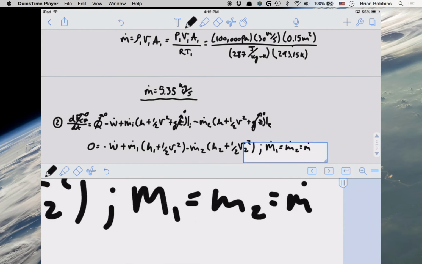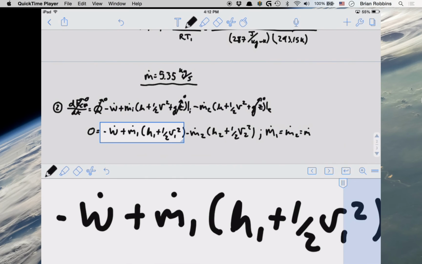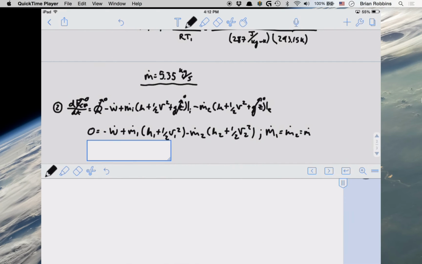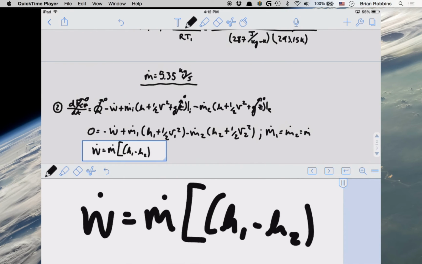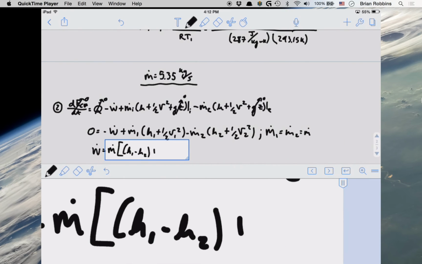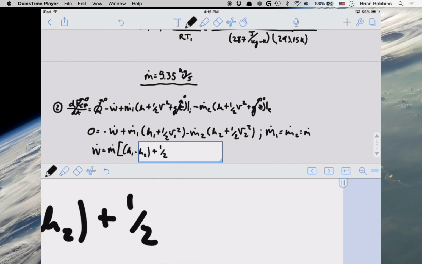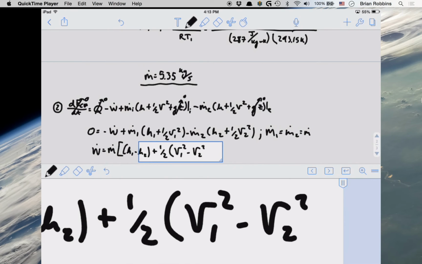And as a result of this, we can not only solve this expression for W dot, but we can also reformulate it into a much simpler form. So we get W dot is equal to m dot times the change in our specific enthalpy, h1 minus h2, plus 1/2 times the change in the square of our velocities, so V1 squared minus V2 squared.